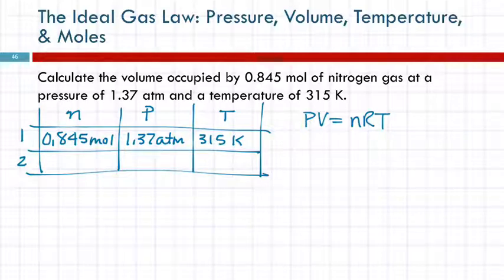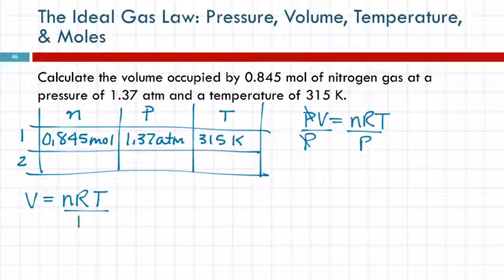Okay, so I want volume. I can rearrange this, and this nice little guy doesn't have any fractions. I can rearrange this by dividing by P on both sides. So the P cancels out. So volume equals nRT divided by P.